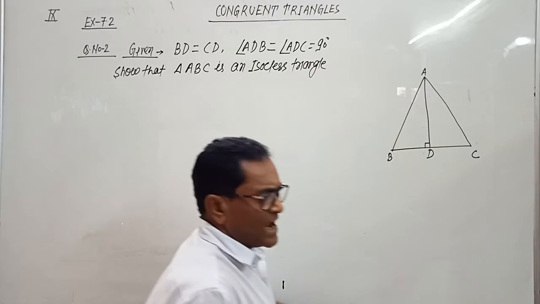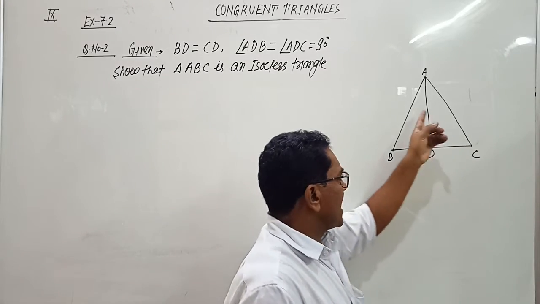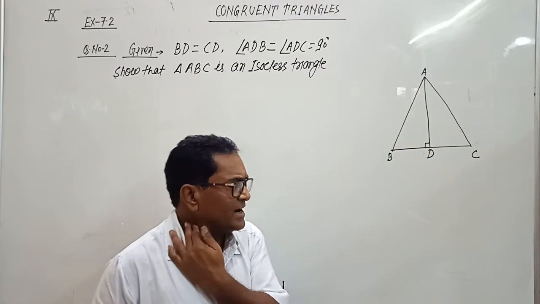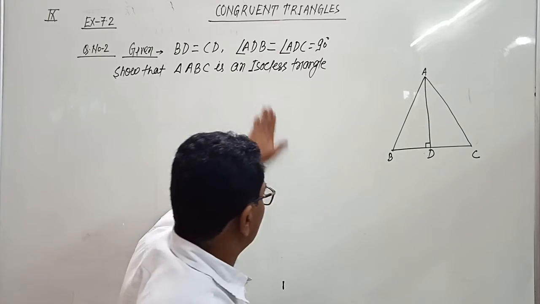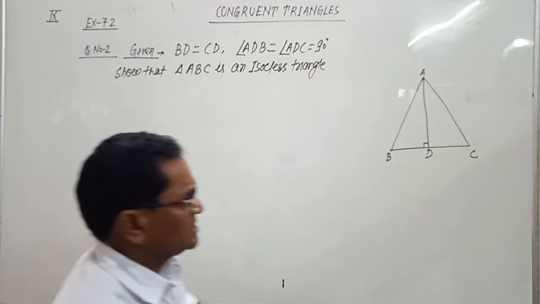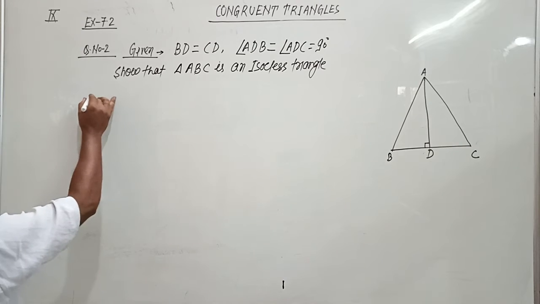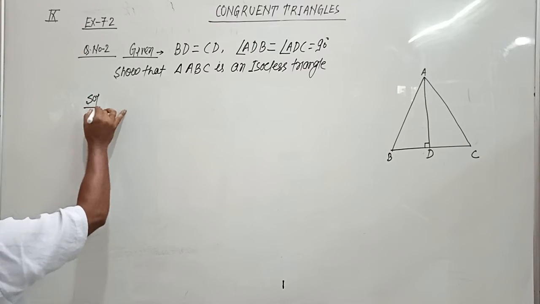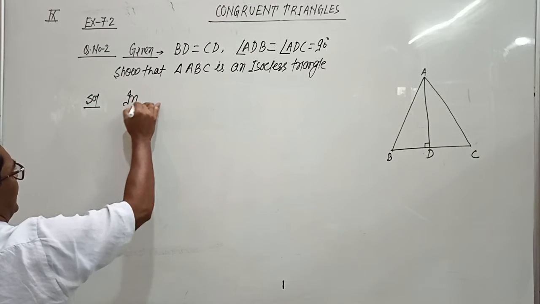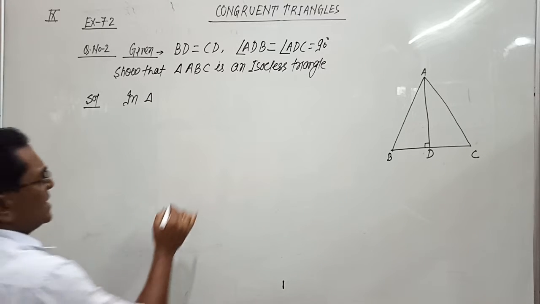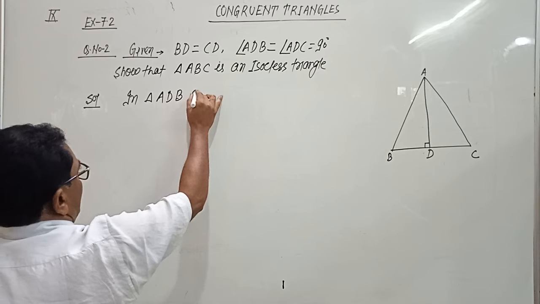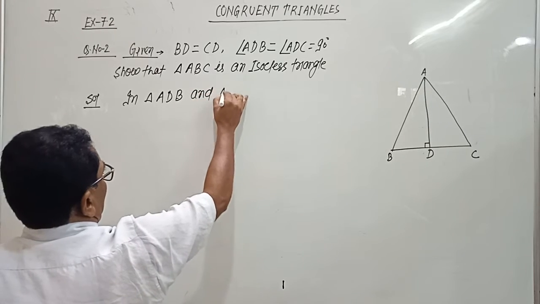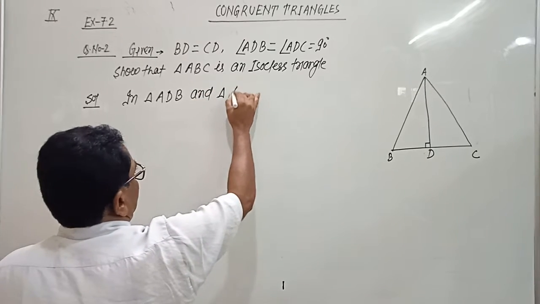So we have given side BD equals side CD, angle ADB equals ADC equals 90 degrees, and prove that triangle ABC is an isosceles triangle. So we take two triangles, triangle ADB and triangle ADC.